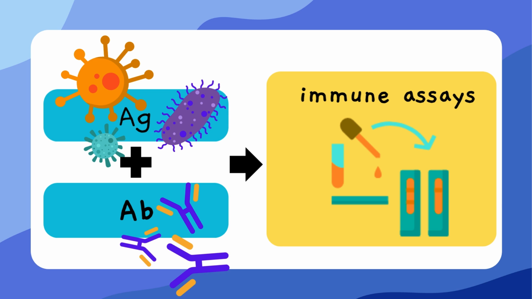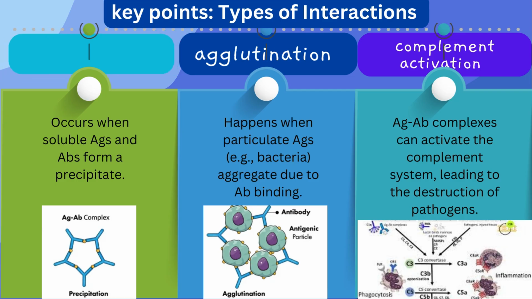But largely, the things that we're doing in the lab here in the university are more manual and qualitative types of tests. And many assays are based on the principles of precipitation or agglutination.